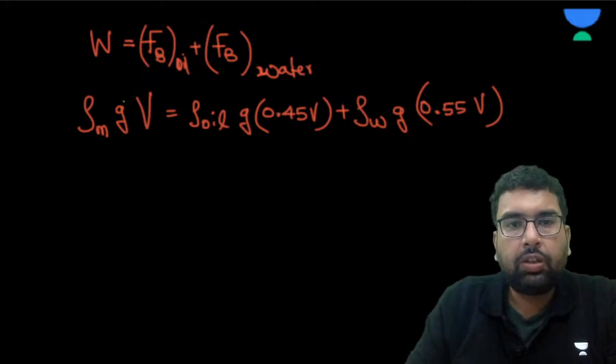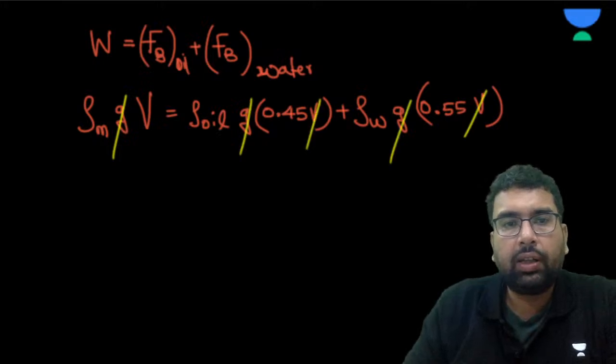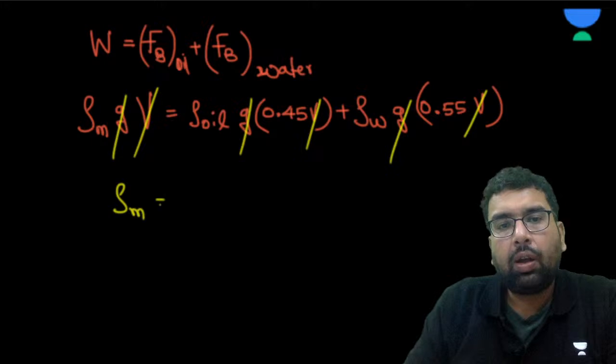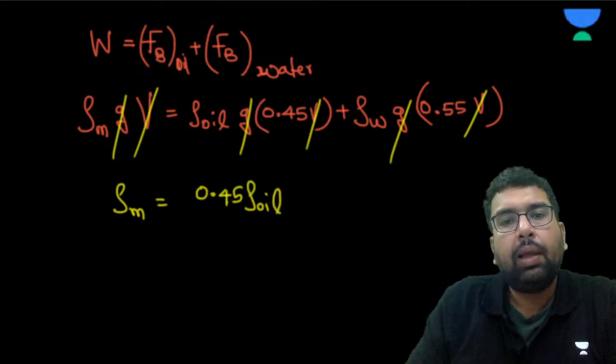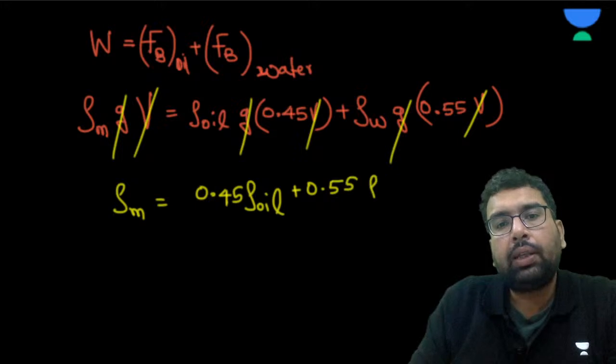Now the g, g, V, g, g, V, all these are struck out. So the density of the material is going to be 0.45 of the density of oil plus 0.55 of the density of water.